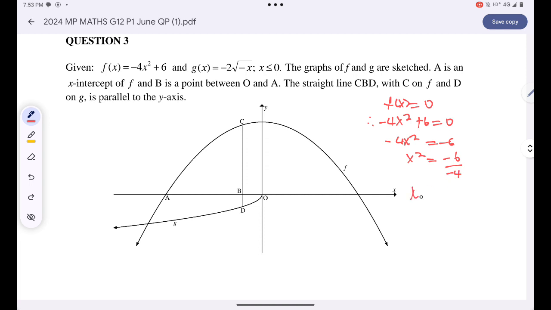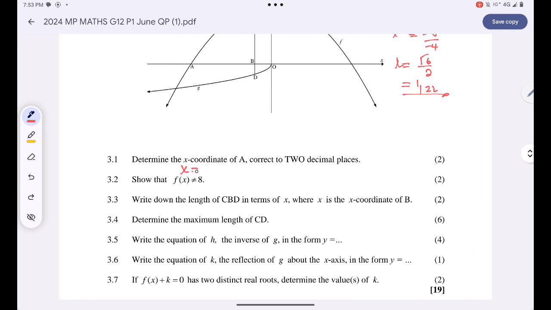Find the square root on both sides, then x is the square root of 6 over 4, né? This is root 6 over, not over 4, man, but root 6 over 2. I must just round off my answer to 2 decimal places. That's 1.22. So the x value there is 1.22, né?